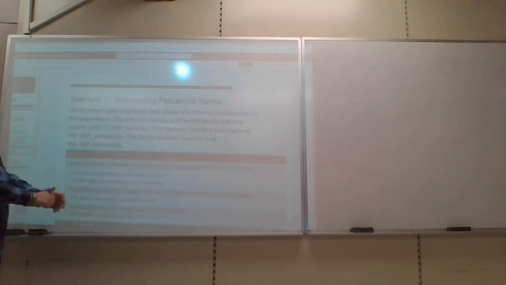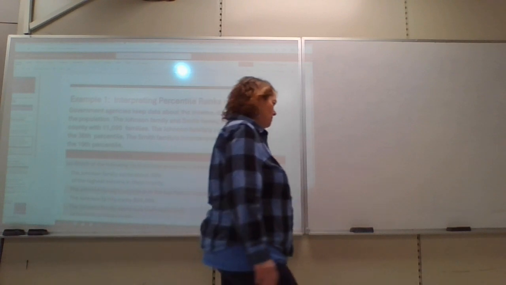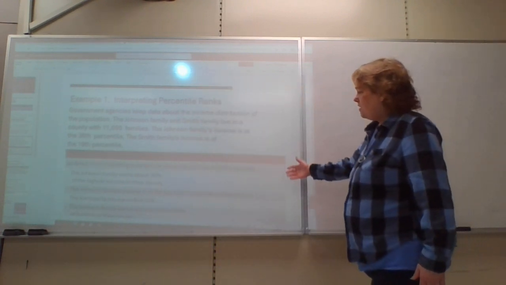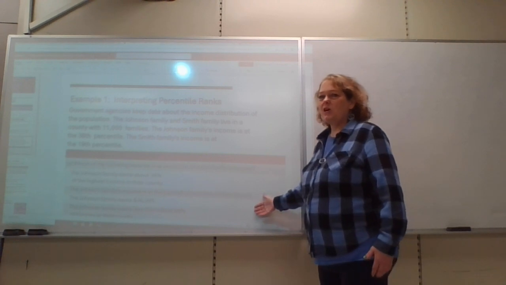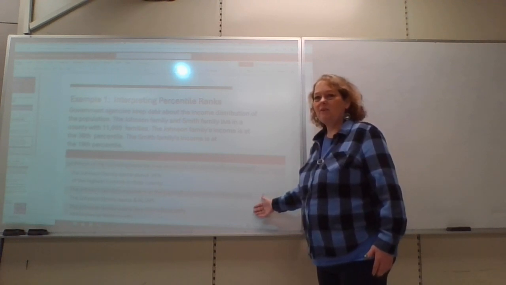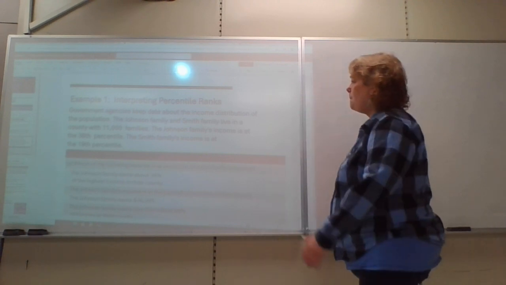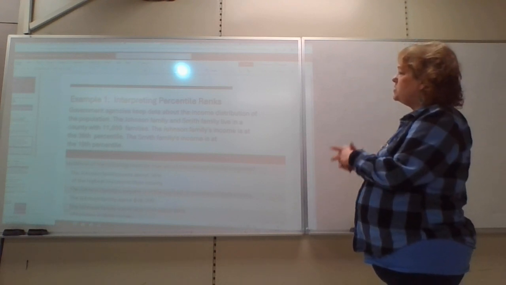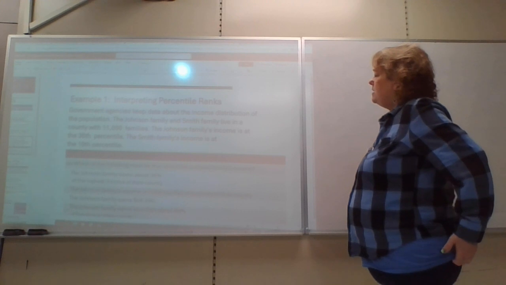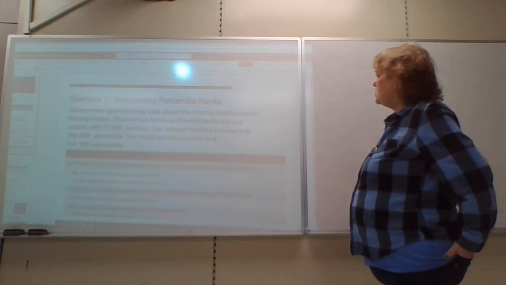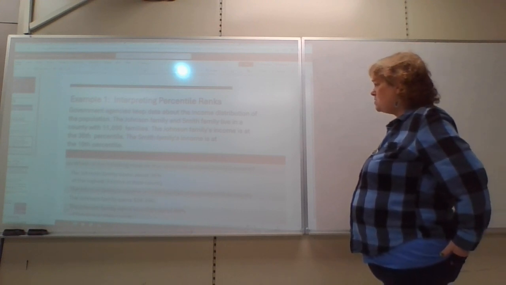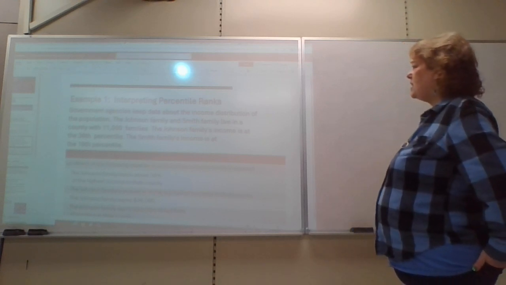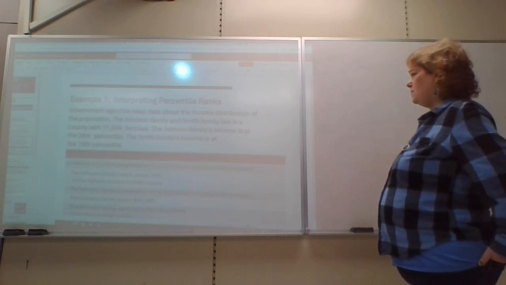But anyways, we're going to do example 1 here. As you know, in my slides I try to get it all on one slide. So, interpreting percentile ranks. Government agencies kept data on the income distribution of the population. The Johnson family and the Smith family live in a county with 11,000 families.